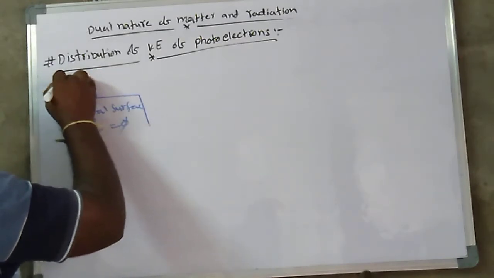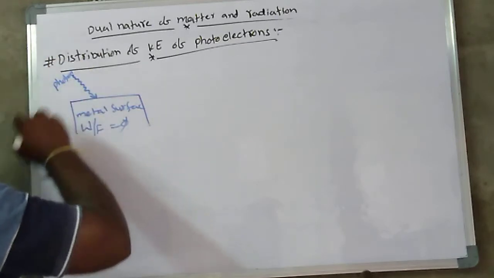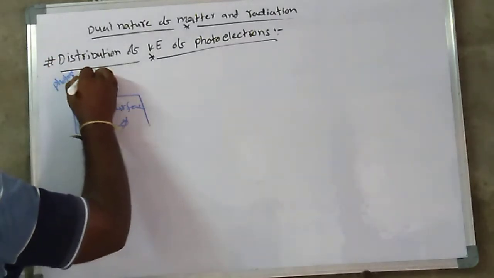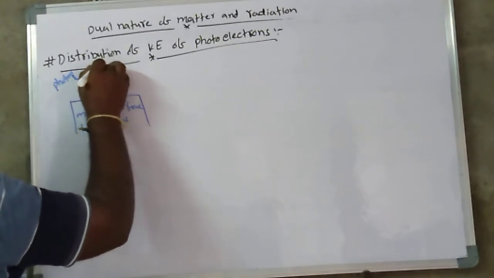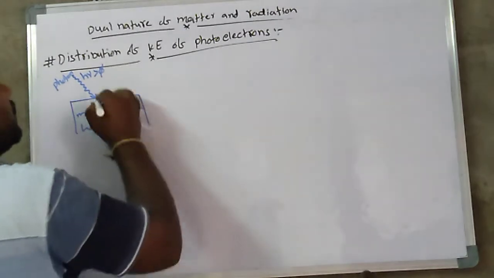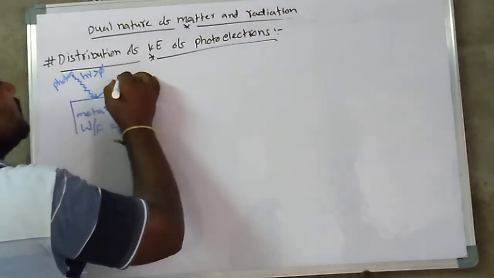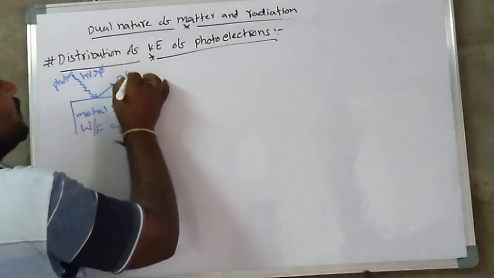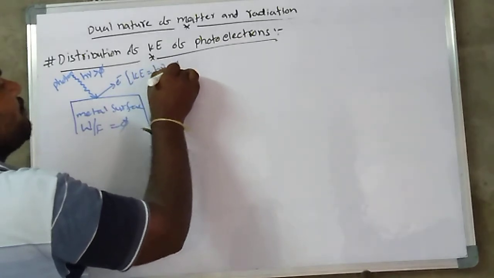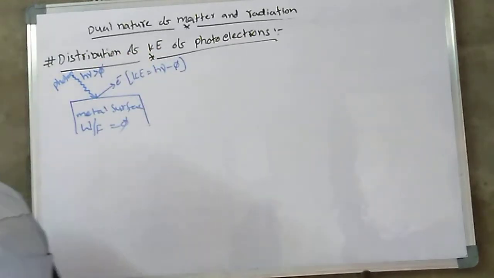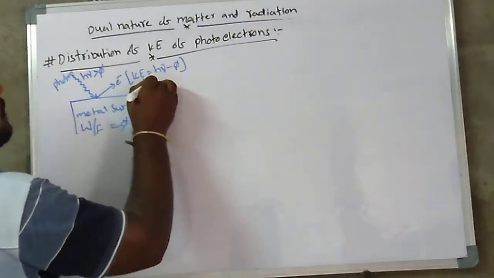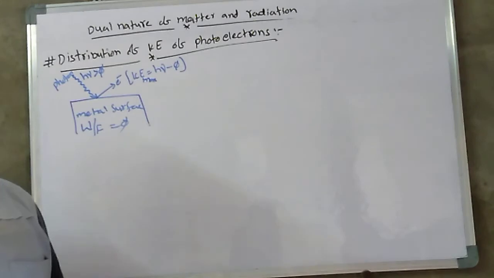Here h mu is bigger than the work function. Some part is absorbed and with the remaining part an electron is ejected. Here the kinetic energy is equal to h mu minus phi, the maximum kinetic energy.